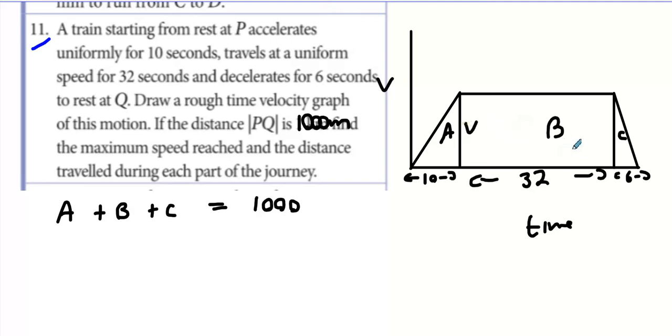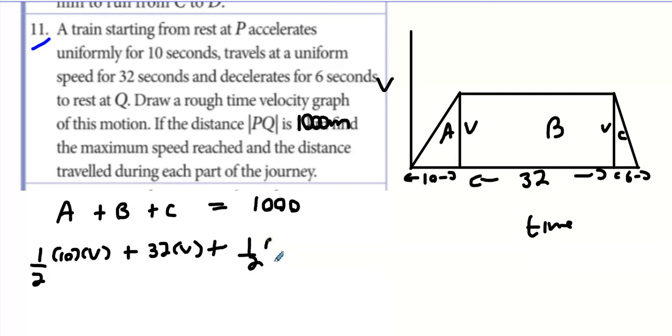This is relatively easy, actually. Yeah, this is an easy one. Half base times height. Half 10 times what? V. For part B, the rectangle is length times height, which is 32V. In part C, it's a half base times height, so a half, what's this, 6 times V equals 1,000.